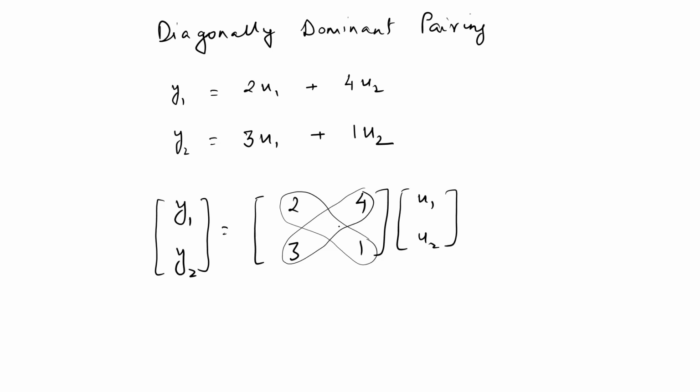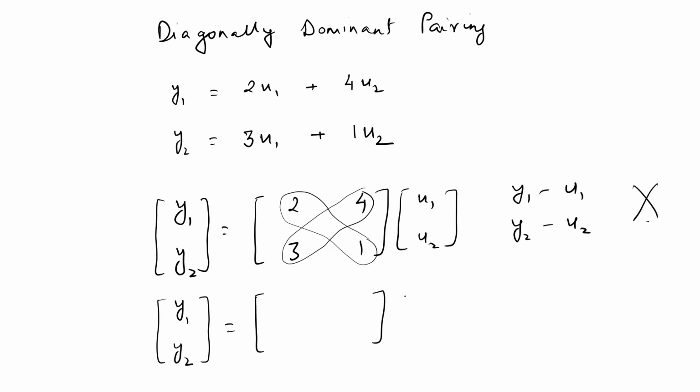So y1-u1, y2-u2 is not a good pairing. What if I did the pairing the other way? The y1, y2 stay the same.